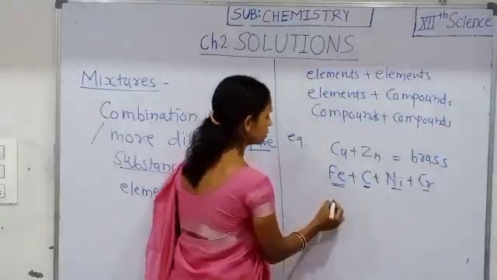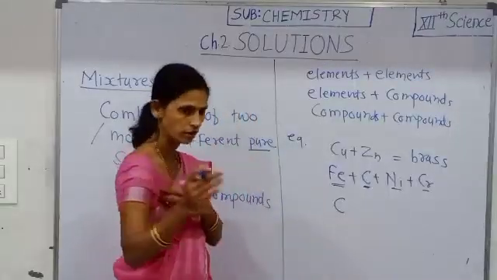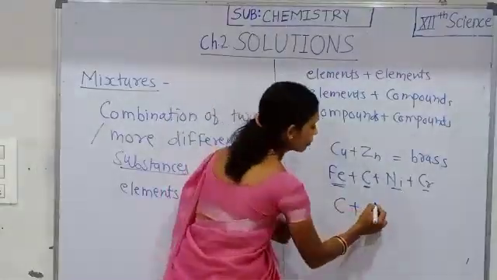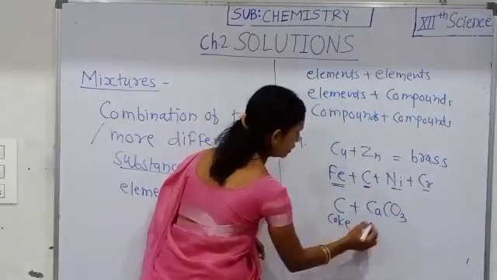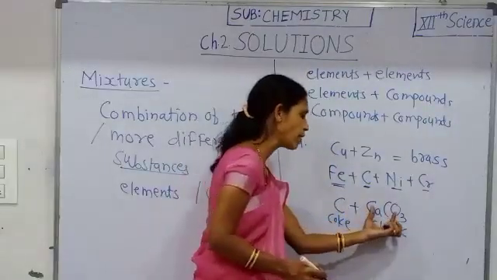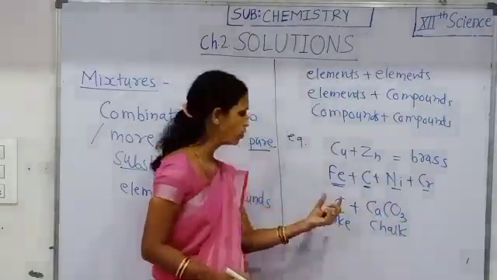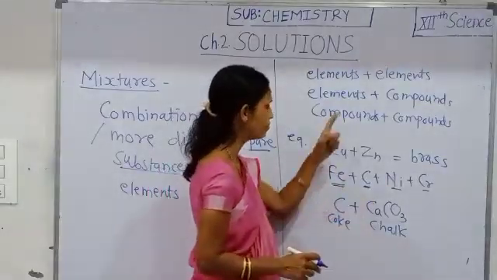If we add carbon particles, that is coke powder, to chalk powder, that is a mixture of an element and a compound. CaCO3 is a compound while carbon is an element.